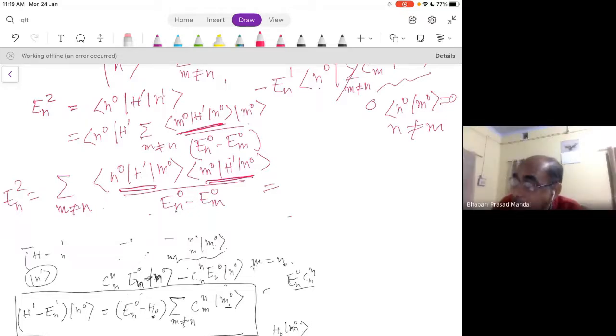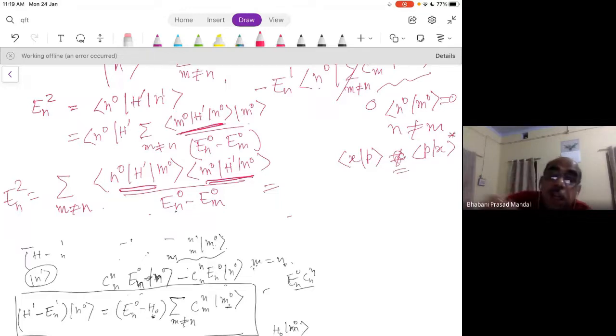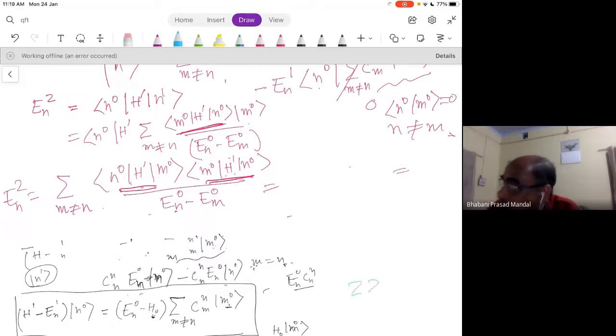H is Hamiltonian, but the states are, see, the first day I wrote that xp is not same as px, no? This inner product with x, it's complex conjugate. You remember? When you change the bracket, it will be complex conjugate. So this term and this term are same, but they are complex conjugates of each other. When you have a term like z star z, that means mod z square.